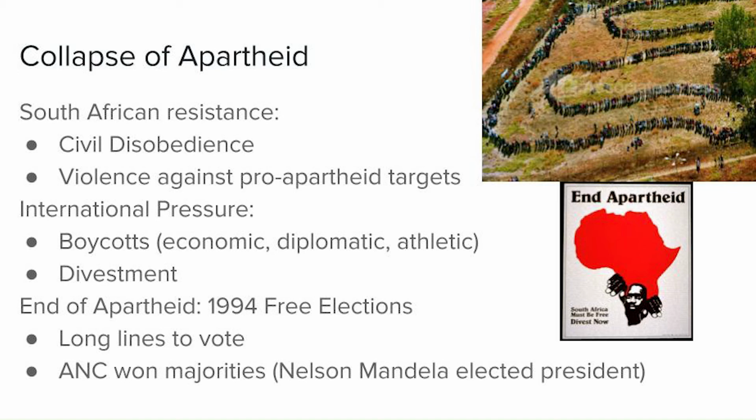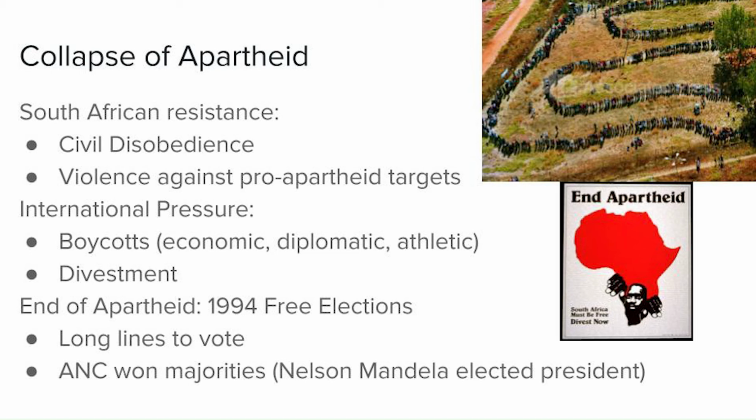And probably most notable, but not necessarily the most effective, are the athletic boycotts. FIFA, the World Soccer Organization, the Olympics, and a number of other international athletic communities refused to participate with South Africa in international competition because it was seen as supporting the values of the South African government.